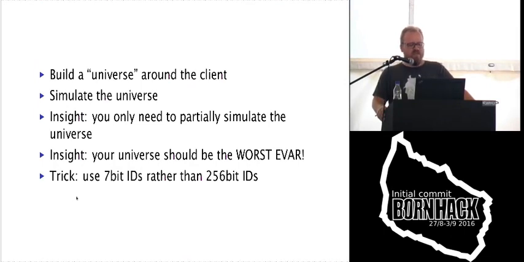The next insight is that the universe you simulate should be the worst ever, right? Rather than building a universe that behaves like normal universes behave, you want a universe that behaves really badly, like sending in wrong data. If you call out to a file system, it returns error EAGAIN or something nasty, right? If you make a query out, that query might go well, or it might time out, or the network socket might have an error because the socket is down or the network is lost.